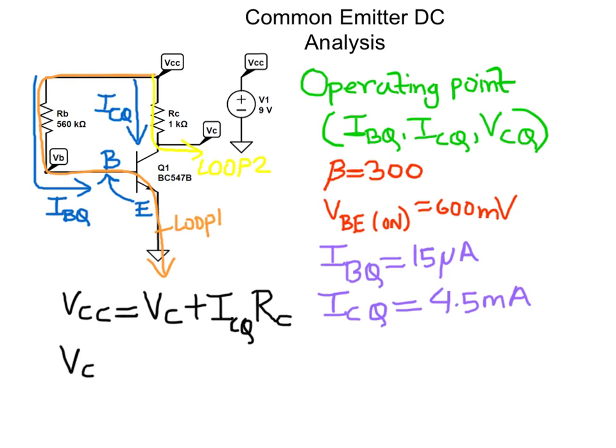So Vc equals VCC minus ICQ RC. We know the value of the quiescent collector current ICQ, which is 4.5 milliamps. We know the value of the collector resistance RC, which is 1 kilo ohm. So we can easily determine the collector voltage.